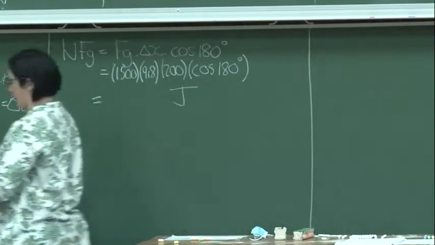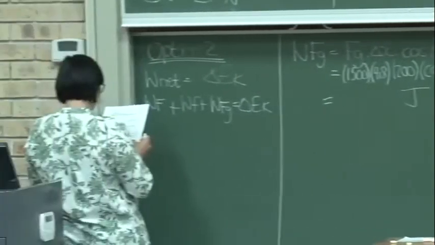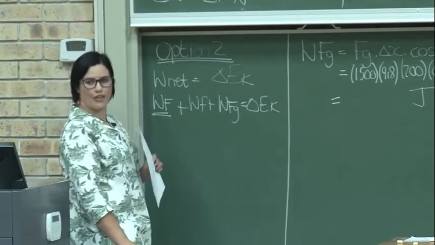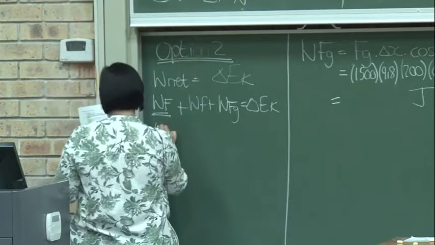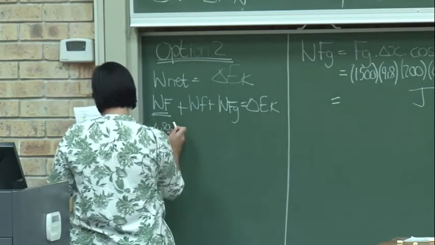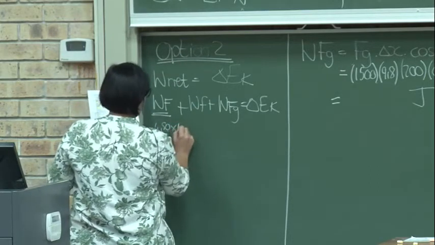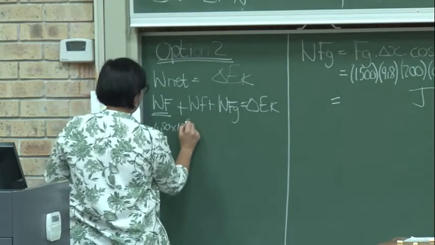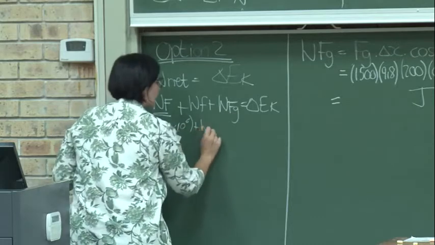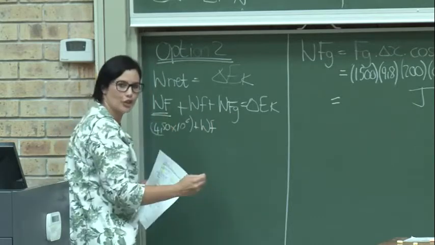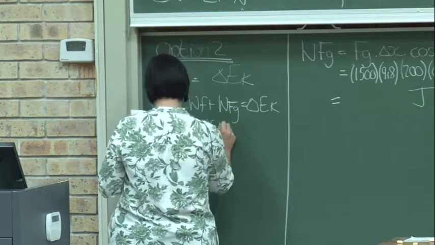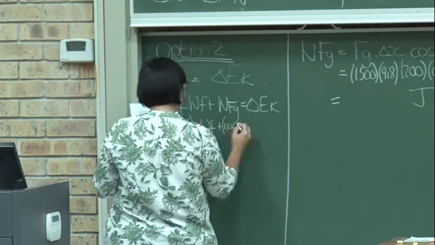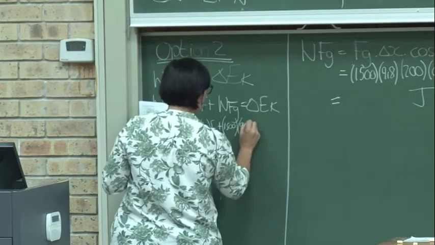Okay, so let's substitute our values. I know that the work done by the force is 4,80 times 10 to the power of 6, plus the work done by the frictional force, this is what I want to calculate, plus the work done by gravity. You can do the calculation and then substitute it, or you can do it as one long calculation as I'm doing.